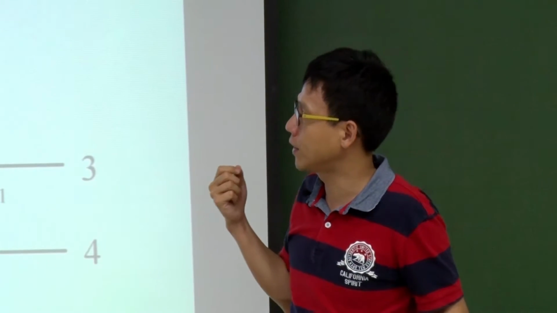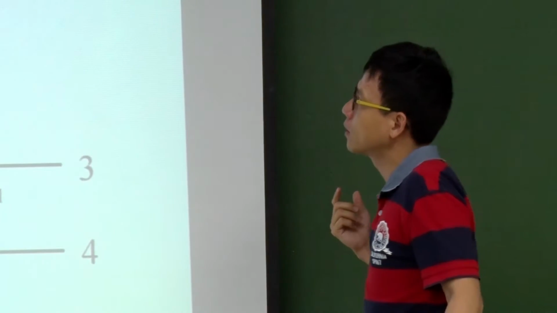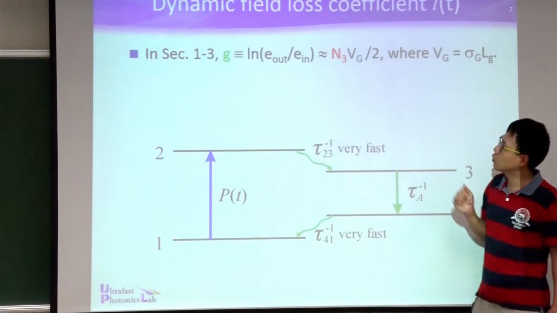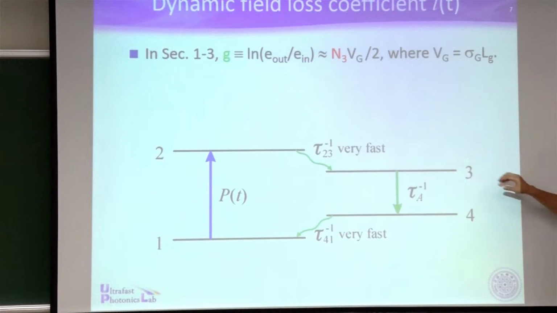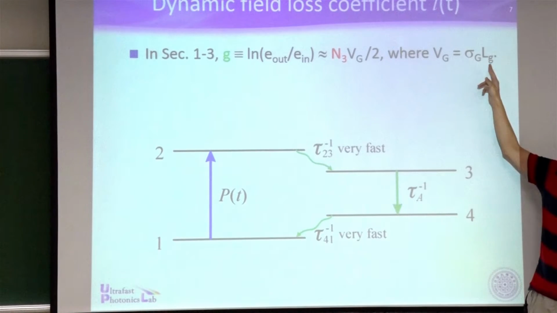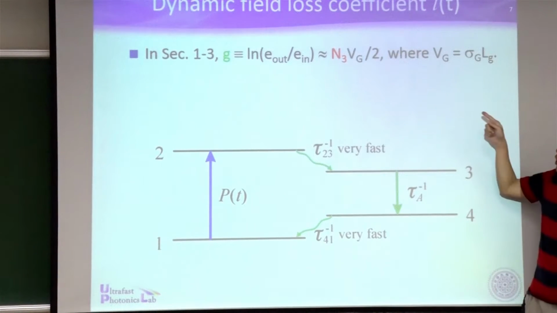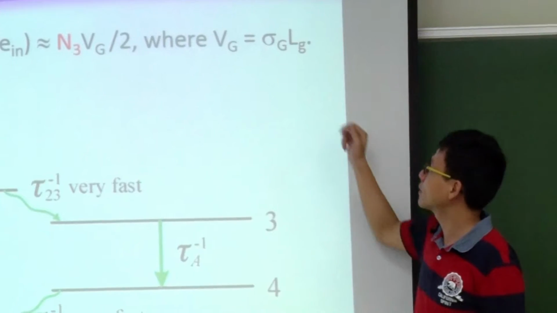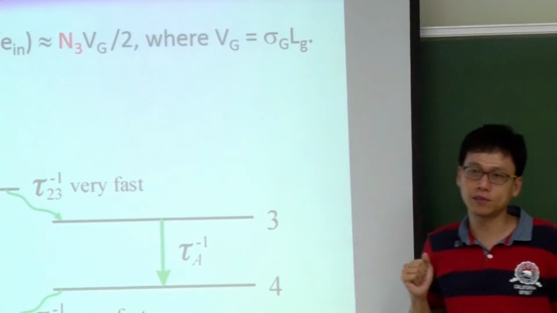That's why it's defined as the gain coefficient. At that time, the gain coefficient is roughly equal to n3, which is the number density of level 3, times the equivalent volume Vg, times a constant, and Vg is the effective gain cross-sectional area times the interaction length, Lg.